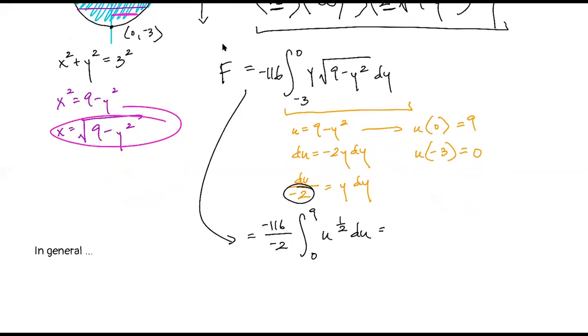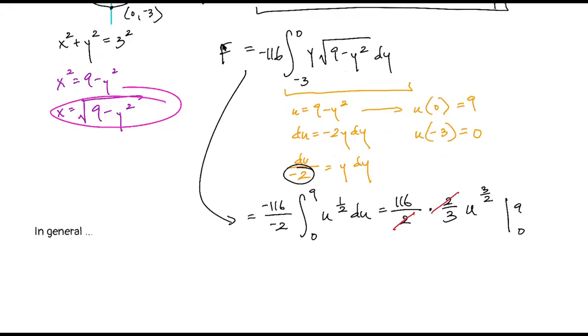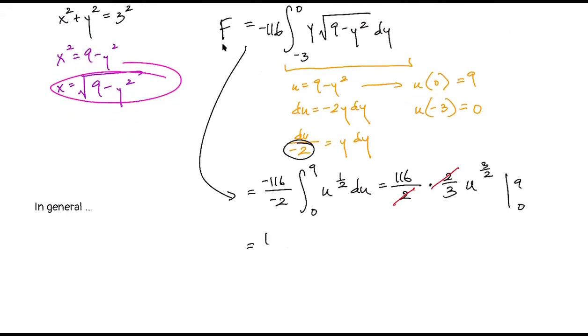And that should give us 116 over 2 times, this is going to be u to the 3/2, so I have a coefficient of 2/3. I'm going to plug in 9, I'm going to plug in 0. All right, this 2 and that 2 reduce, which is really nice. So I have 116 over 3.